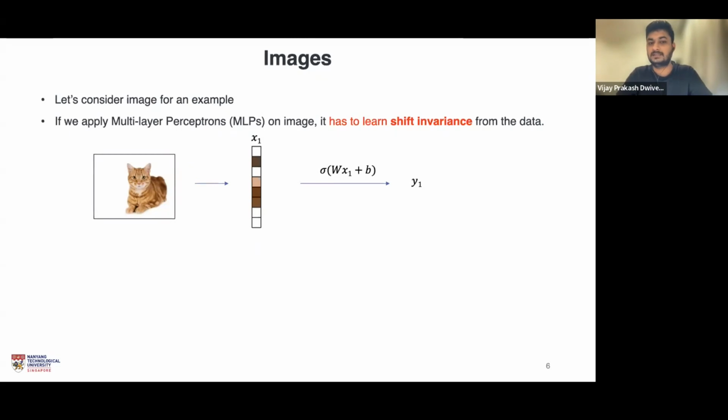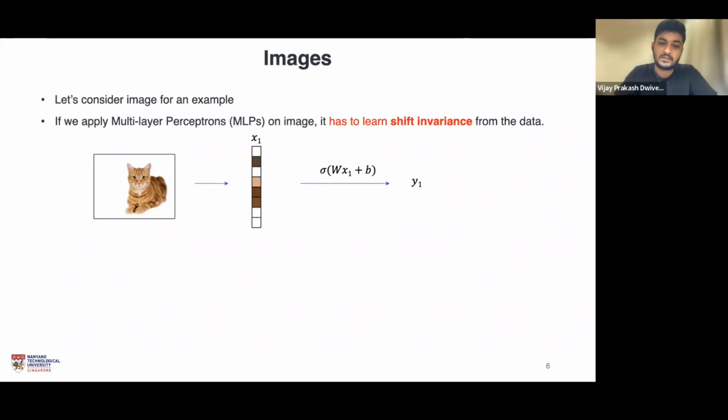So for example, let's consider an image, which is one of the grid-structured datasets. If we apply perceptrons on this image, the problem is that the model has to learn shift invariance from the data. What does this mean? If we take the image and apply a perceptron, we have to flatten the input image pixels into a vector, and we lose the structure, the spatial orientation of the pixels in the image.